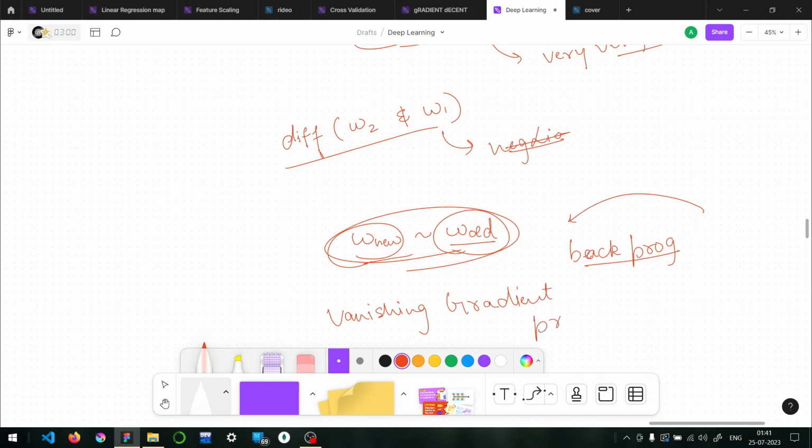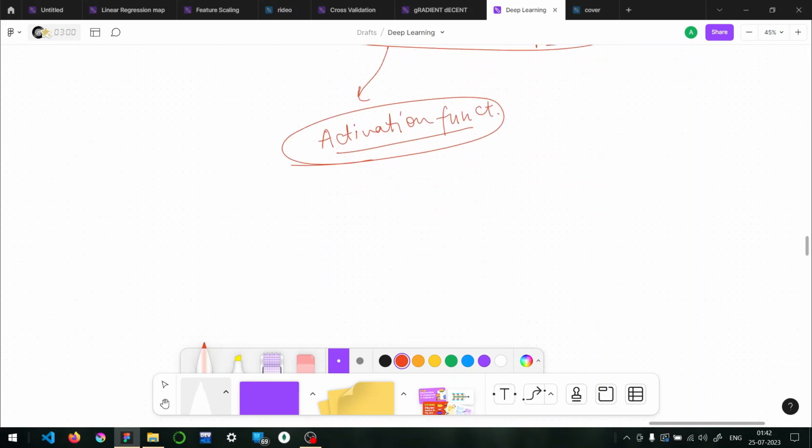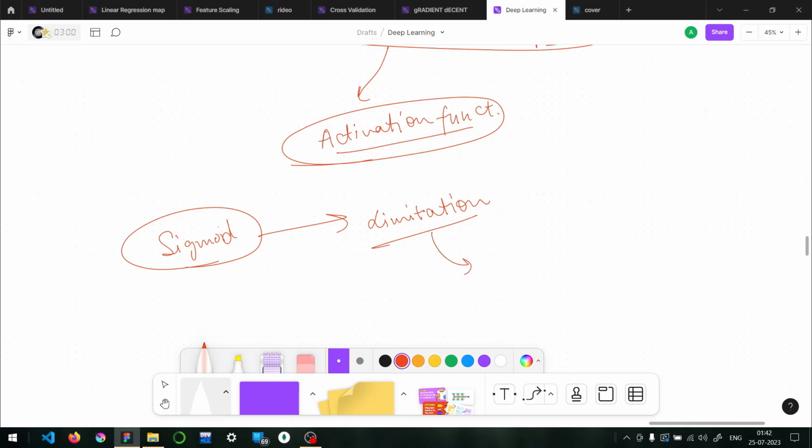So this is a problem, and to deal with it, we have some different kinds of activation functions. We are going to see the activation functions in a later video. But for now, we have seen the sigmoid, and there are some limitations associated with the sigmoid function. So to deal with that, we have to come up with different kinds of activation functions.